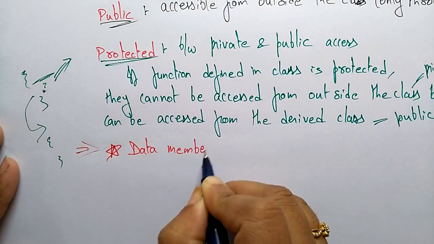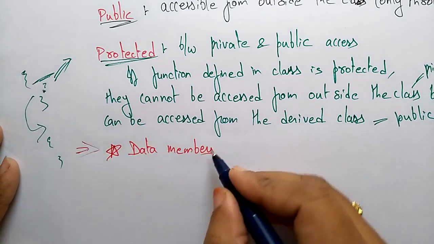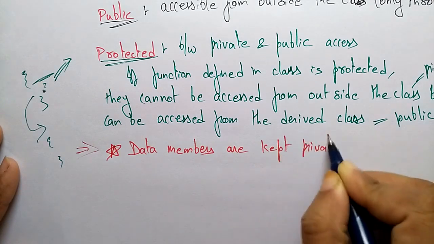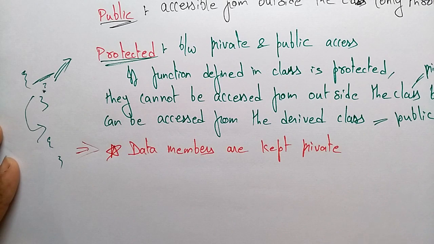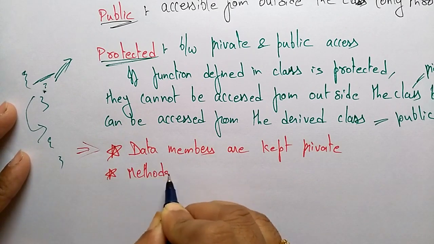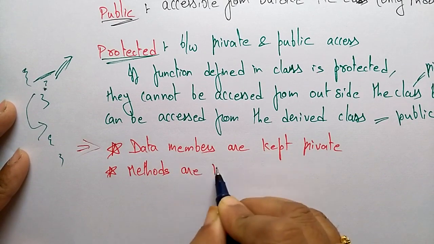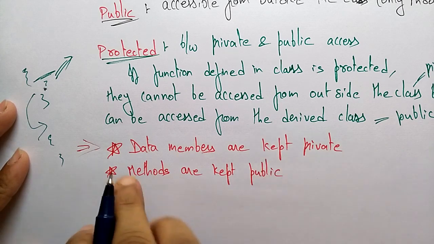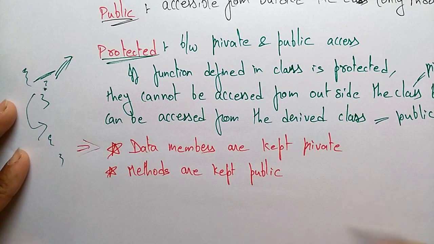The data members that we use inside the class are kept private, because the variables you are using should not be visible outside the classes. So that should be maintained as private, whereas methods are kept public.